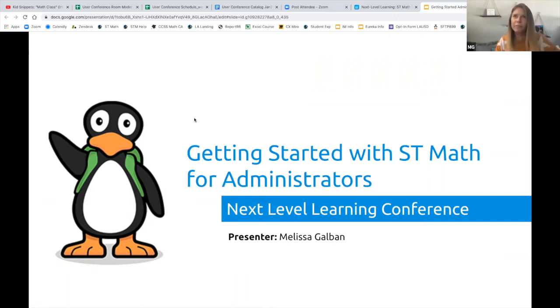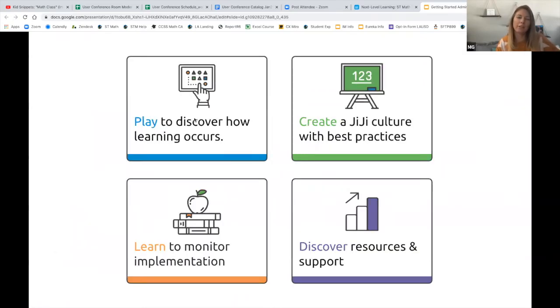So here we go. We're going to play to discover how learning occurs in ST Math. We're going to talk about creating a GG culture with best practices and what some of those things are. We're going to learn to monitor our implementation, and we're going to discover some resources and support. And we are all going to do that in like 30 minutes or less, which means we're not going to get to everything because we did start a little bit late. So I'm going to go quickly.